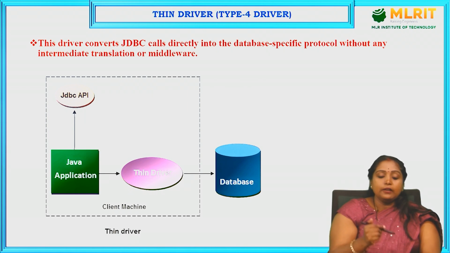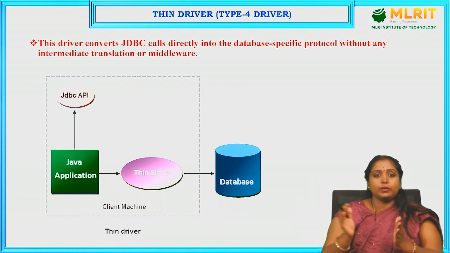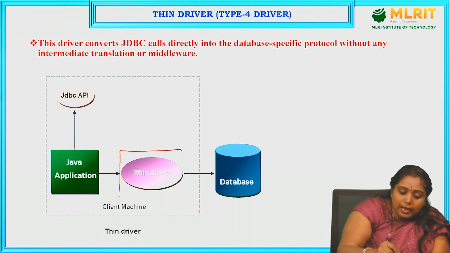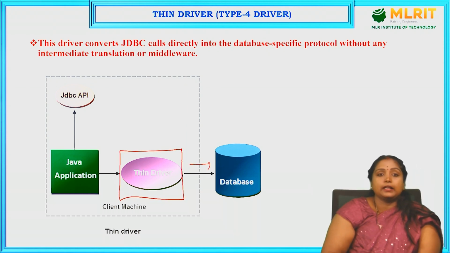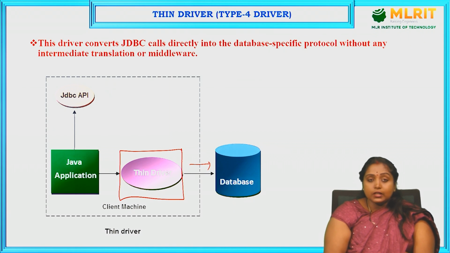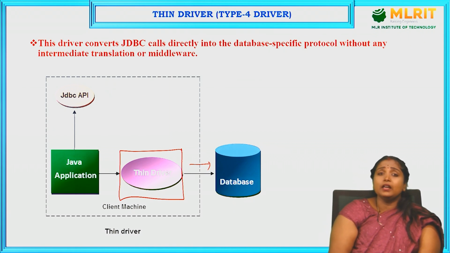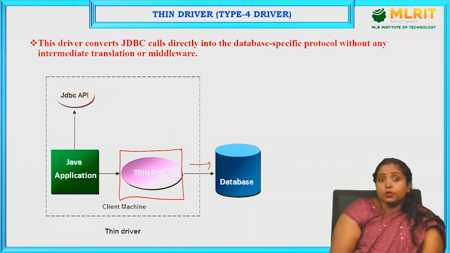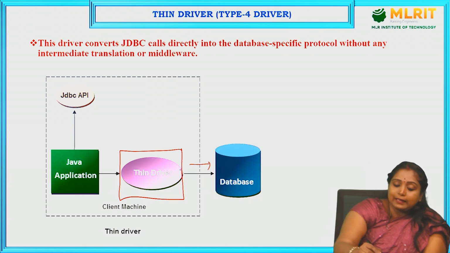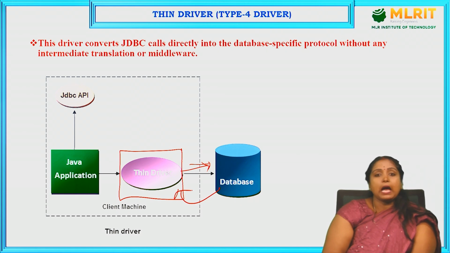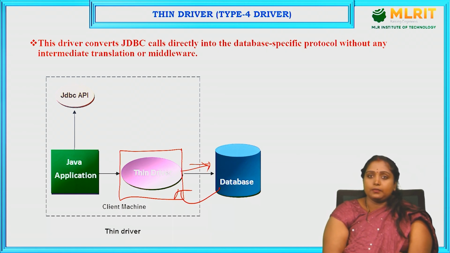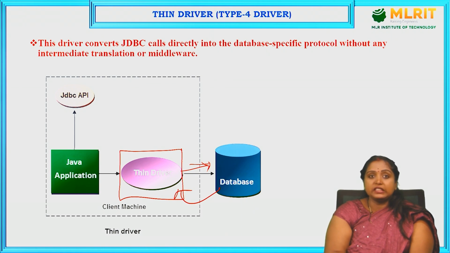Coming here, when you are using the thin drivers, they directly interact with the database. Whatever requests you send through the driver are implemented directly on the database, and the responses come back to the client machine. It has a data specific protocol without any intermediate translations or middleware.